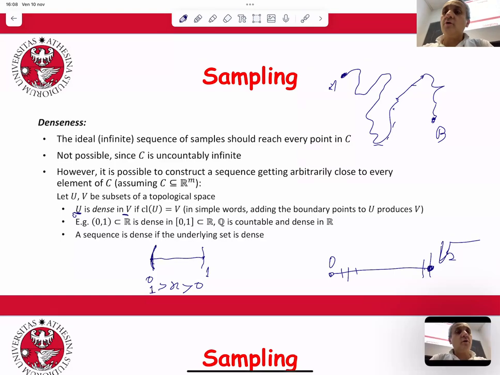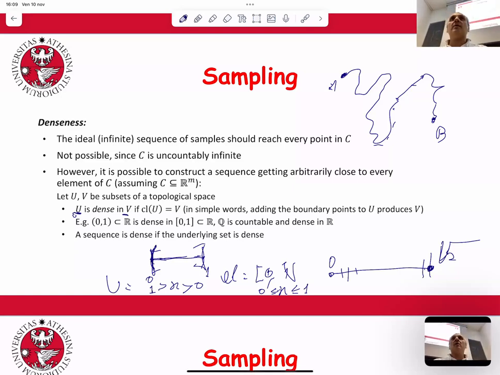The closure of this set, if this is the set U, is 0, 1. That is all the internal points plus these two frontier points. So the closure of this set becomes x greater than or equal to 0, smaller than or equal to 1. So it's the internal part of the segment plus the two boundary points. This is the closure.